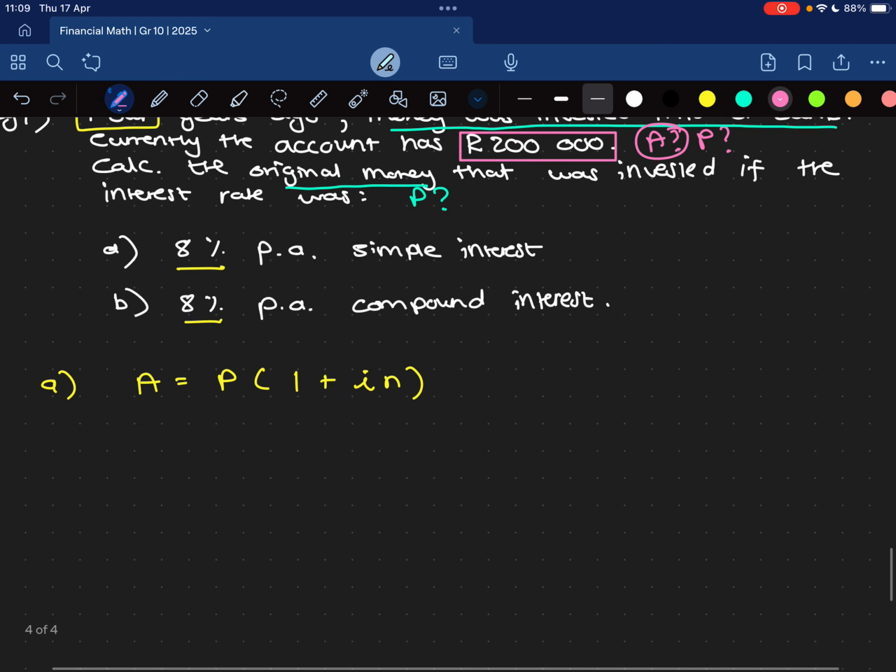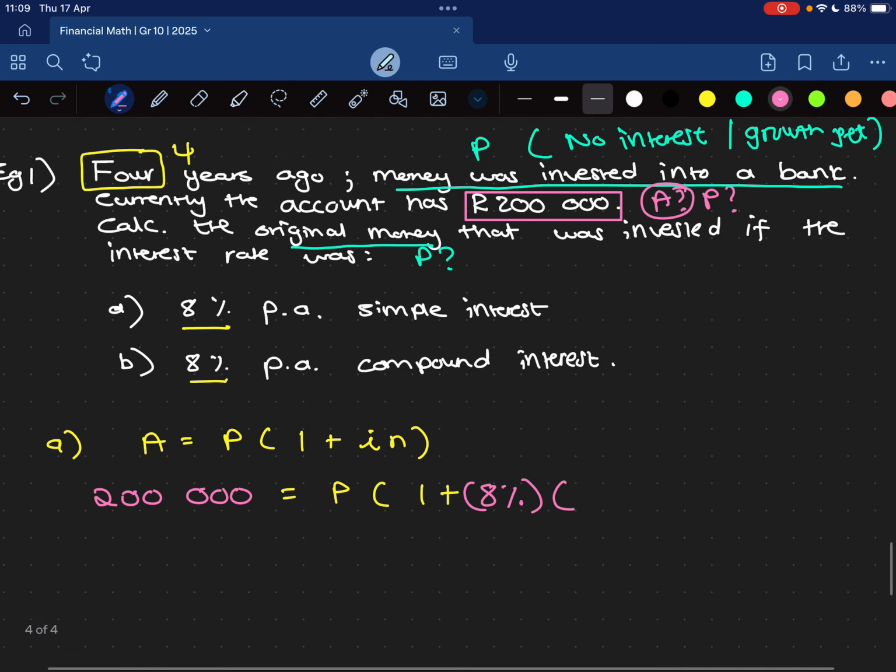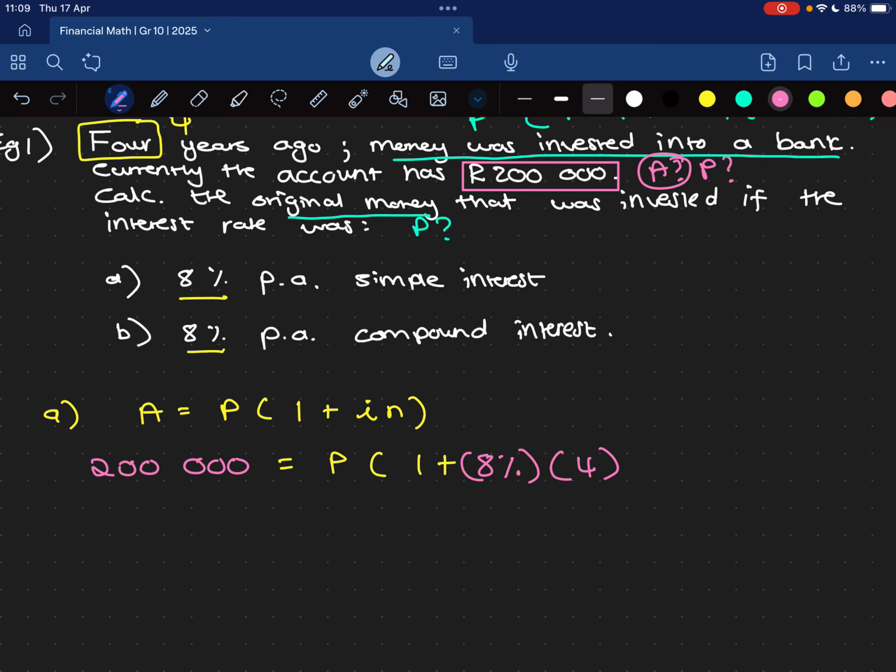So we substitute that in. So it will be 200,000, which is equal to P(1 + the interest was given at 8%), and the time period was 4 years.